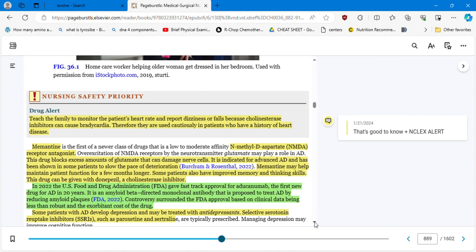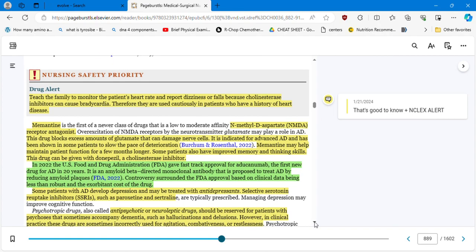Please review your material. Okay, memantine is an N-methyl D-aspartate receptor antagonist. It's another type of medication, a newer class of drugs. So these drugs block excess amounts of glutamate that can damage nerve cells.